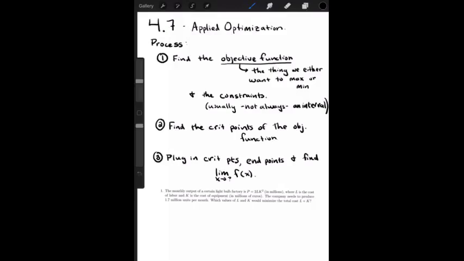So if we're going off to infinity, if we don't have any constraints on our function at all, then we might need to take the limit as x goes to infinity. If we've got an open interval, then we might need to take the limit as we go to the endpoints. But this last one is sort of a special case.